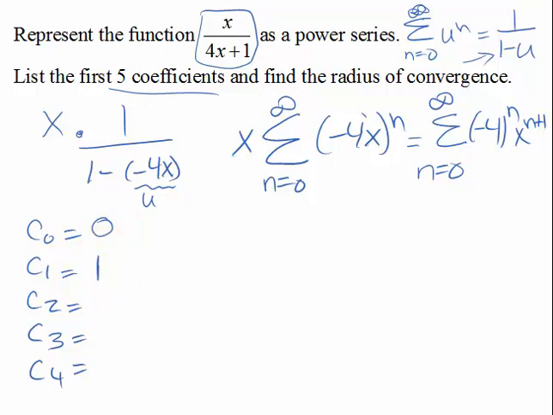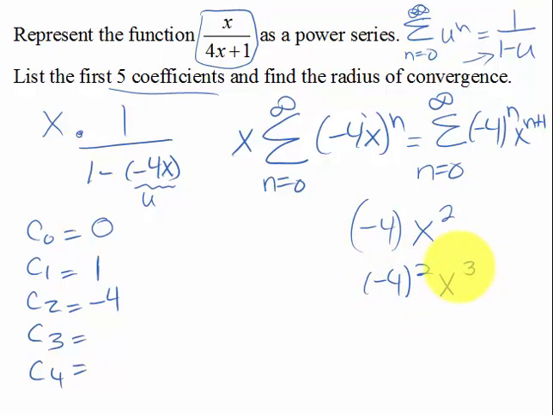Now let's continue, and we will put in a 1, and so we would have negative 4 to the 1, and then we would have x to the 1 plus 1, or x squared. So we can see that our coefficient on the squared term is negative 4. And then our next one, we're going to go ahead and put in a 2. So we'd have negative 4 squared times x to the third.